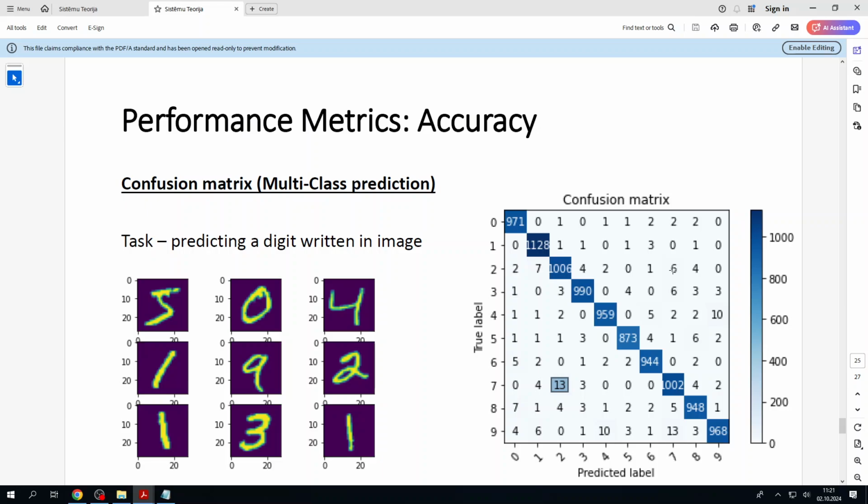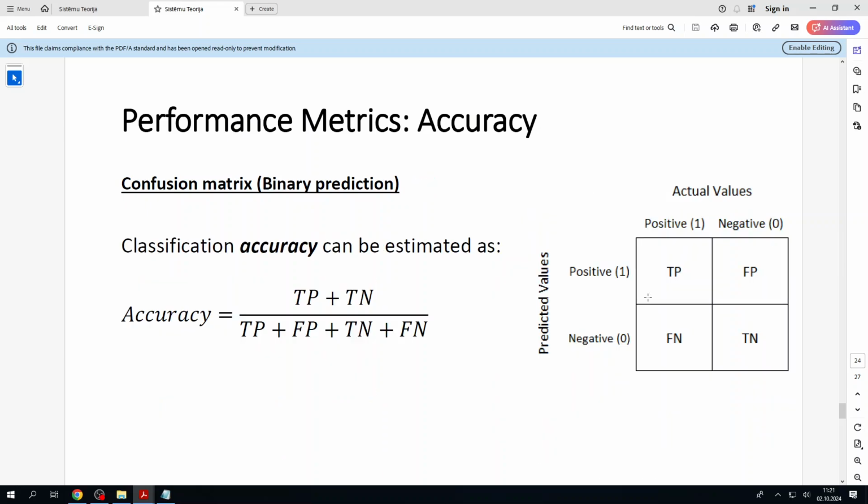So here you can have a detailed analysis of what exactly is happening incorrectly. And in that sense, if you have calculated this confusion matrix, in Python you can simply call a function called confusion matrix, and it will produce this confusion matrix for you. To calculate the accuracy, you need to have the correct predictions, which are true positive and true negative.